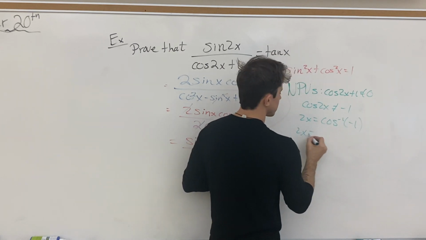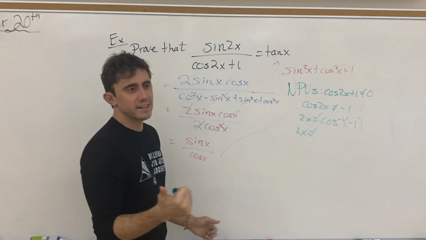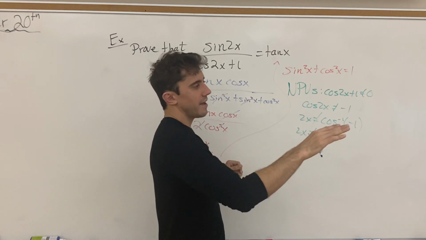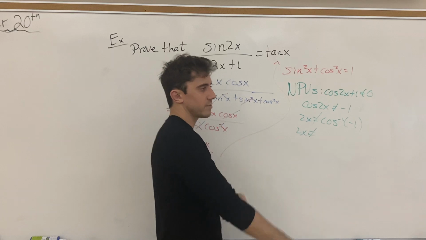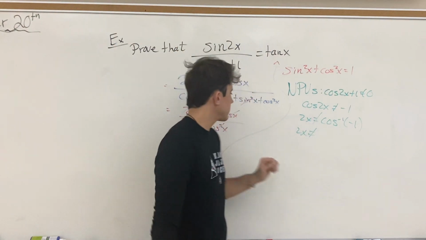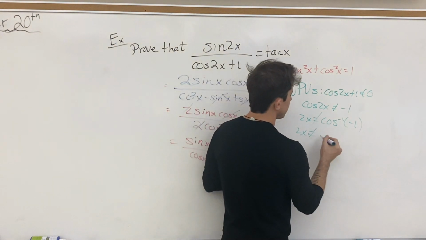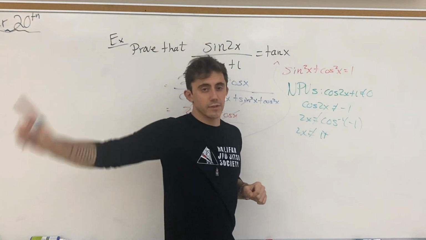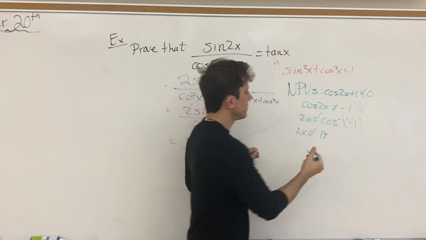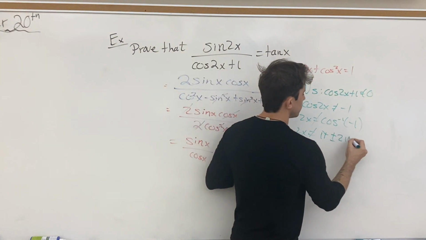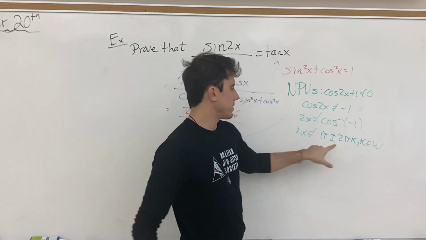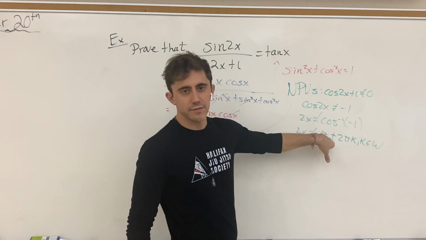Cos is our x coordinate, so that's going to be negative 1 at pi radians, and so 2x can't be equal to pi, and that'll be true for every integer revolution afterwards or before. So plus or minus 2 pi k, k being any whole number because we have positive or negative revolutions around the unit circle.